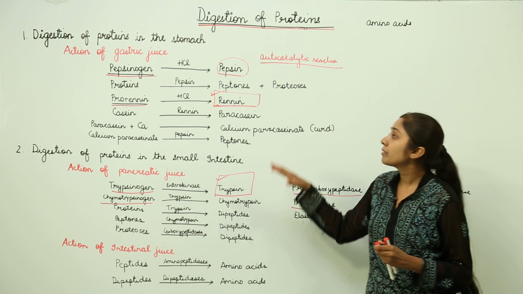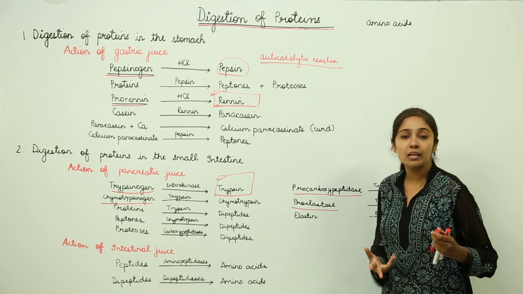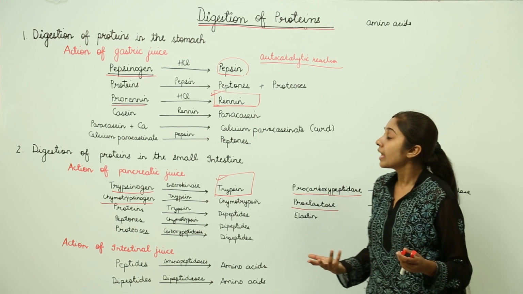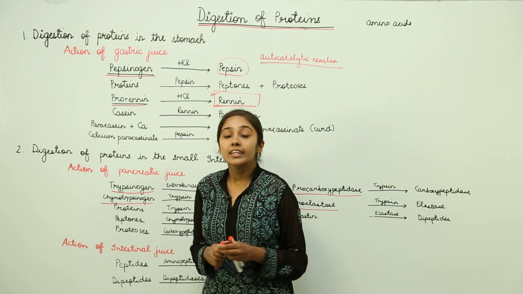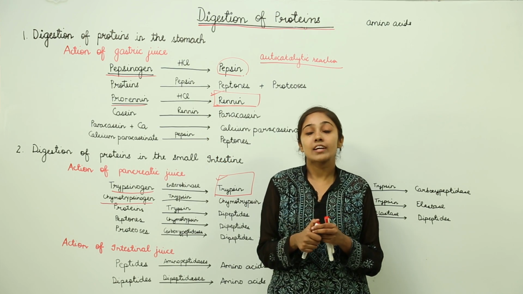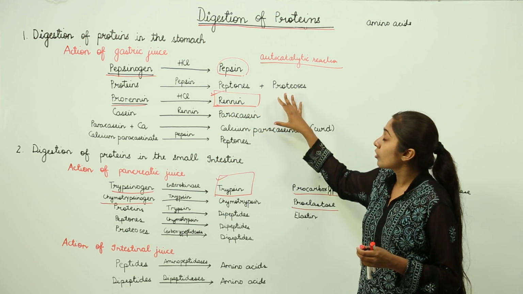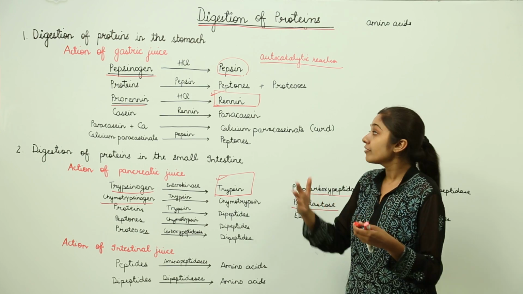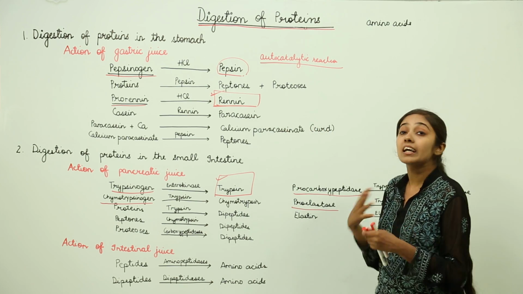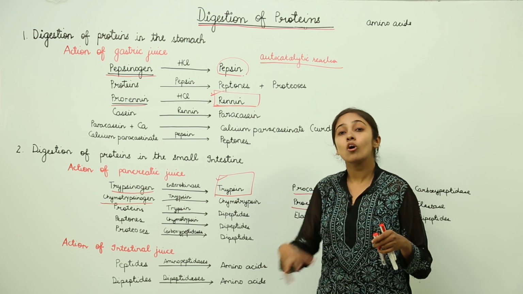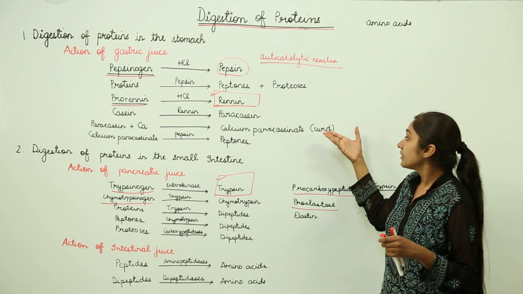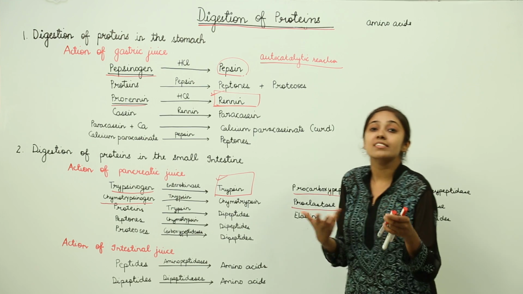You just need to remember the equations, you can elaborate them and explain in your own terms. Here I want to give you one important application of renin. This renin is actually extracted from the calf, and it is used for the curdling of milk. It is artificially used for the curdling of milk, so that cheese can be obtained.